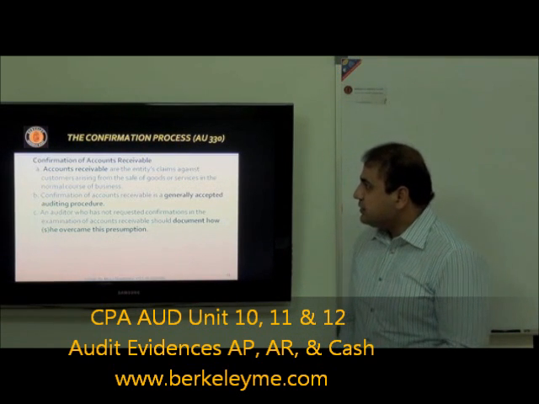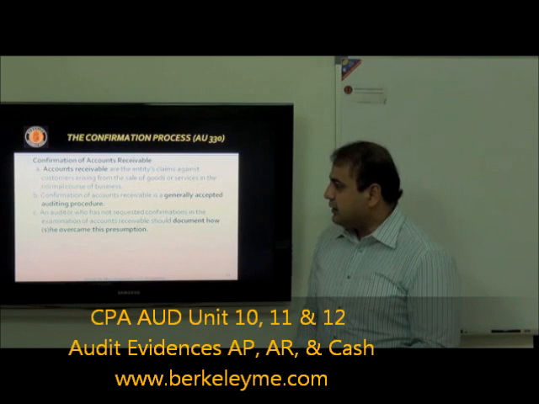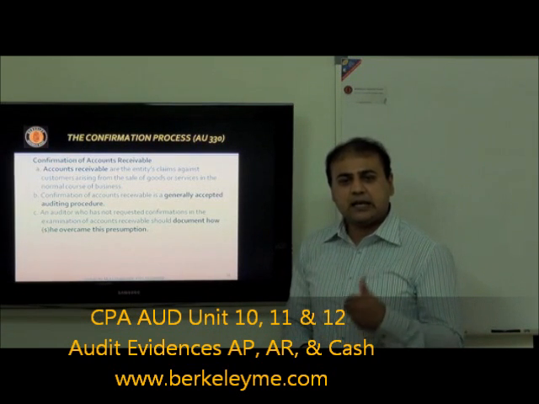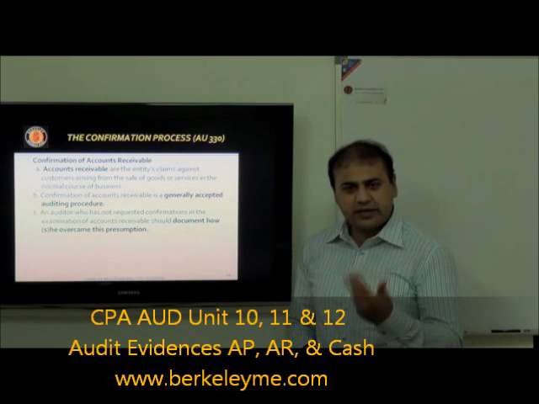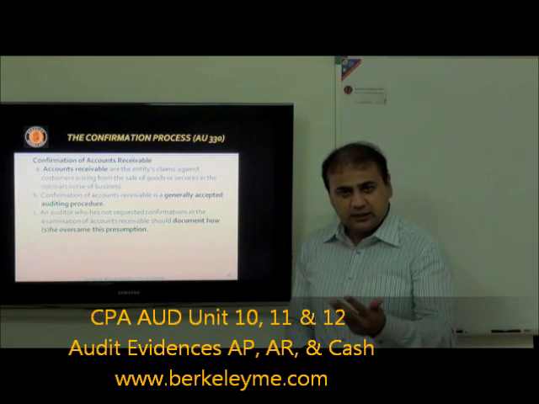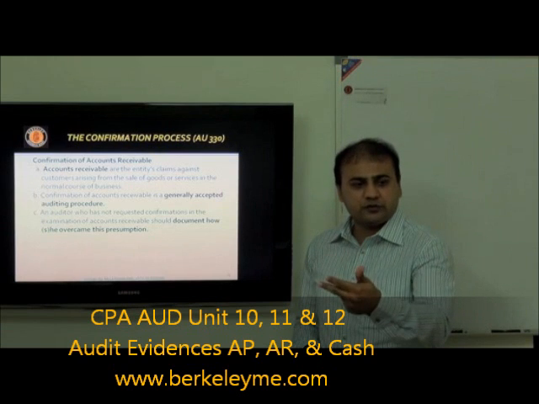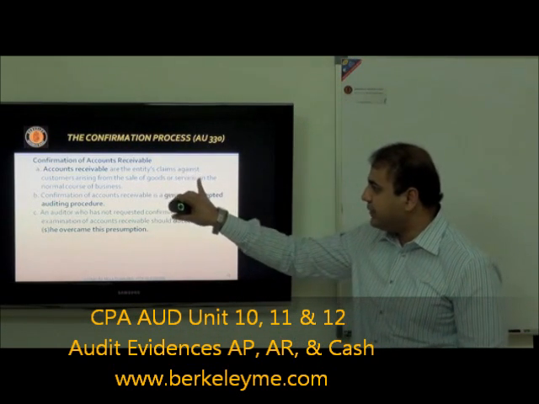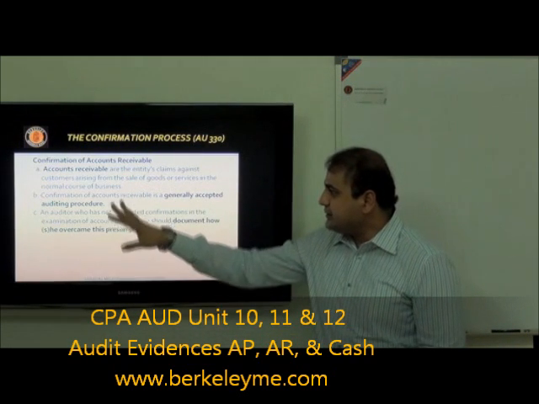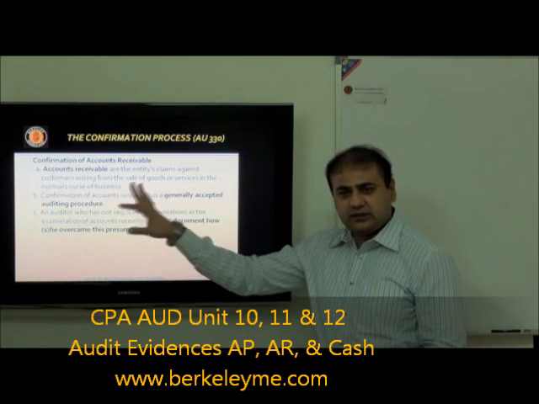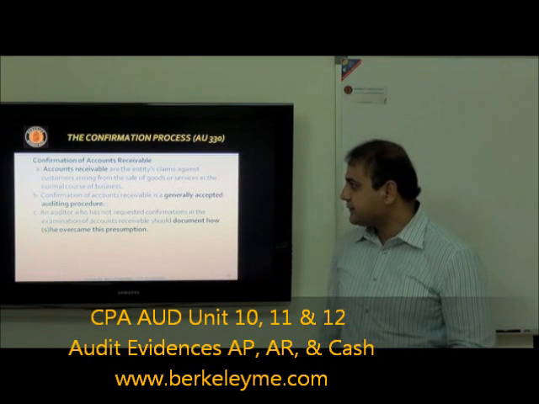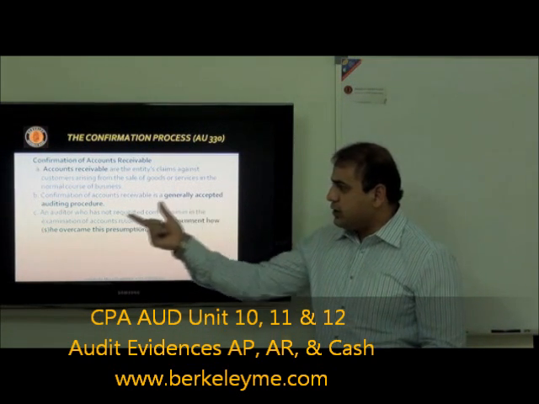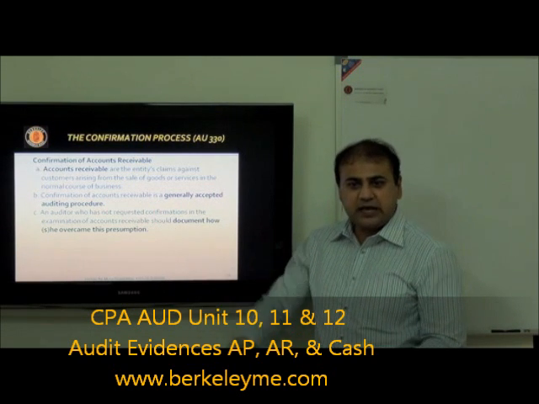Then the confirmation of the account receivables. First of all, we should know what is the account receivable. When you sell some stock, some items on credit, your customer owes you, so it becomes your receivable. These receivables are the entity's claim against customers arising from the sale of goods and services in the normal course of business. Now, confirmation is a generally accepted audit procedure.